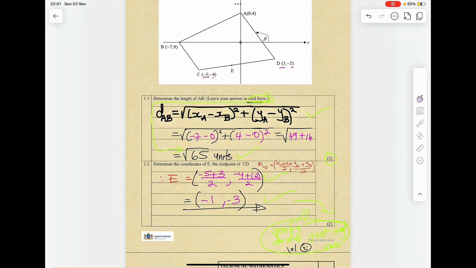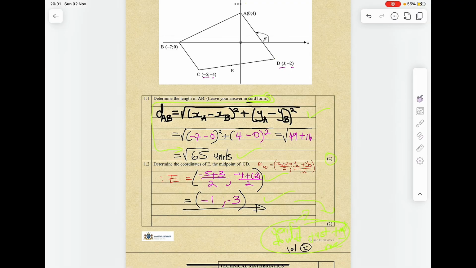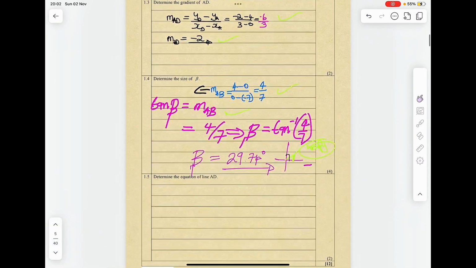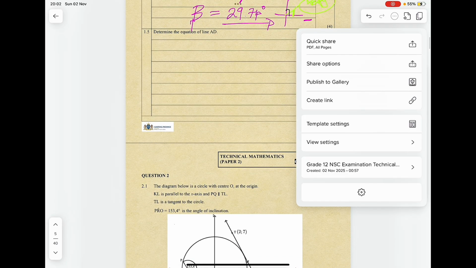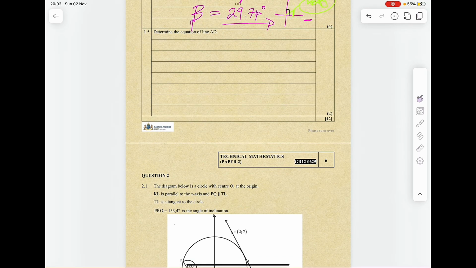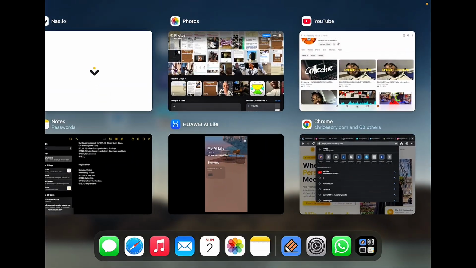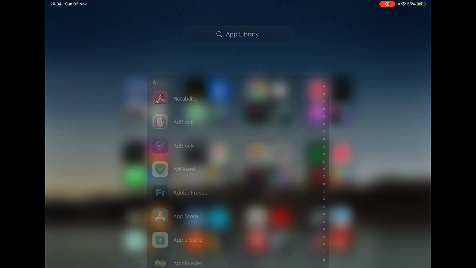Oh man, they're saying it's read only. I can't write, I can't do anything. I've reached my limit or something like that. Let me try to fix it. It's Notability, and I love it so much, man.